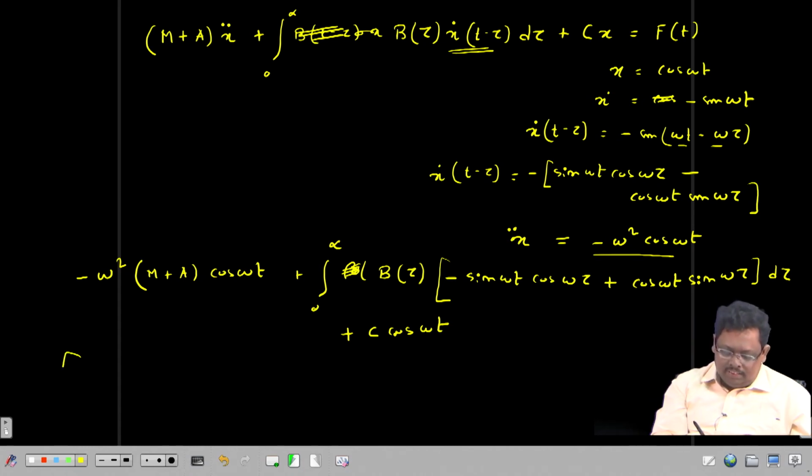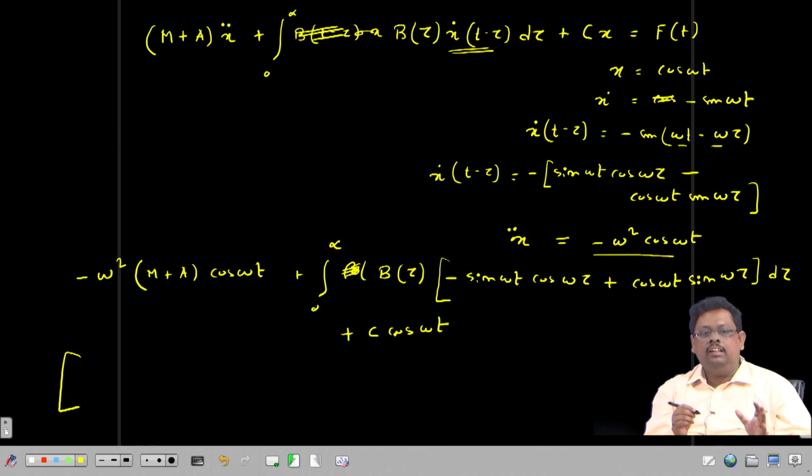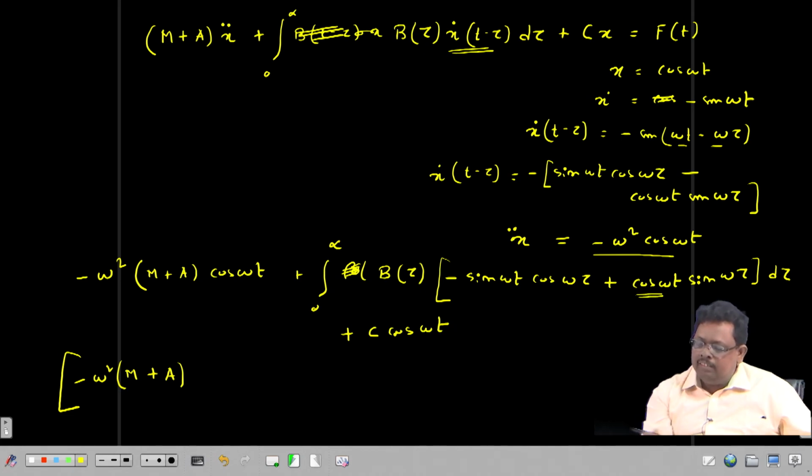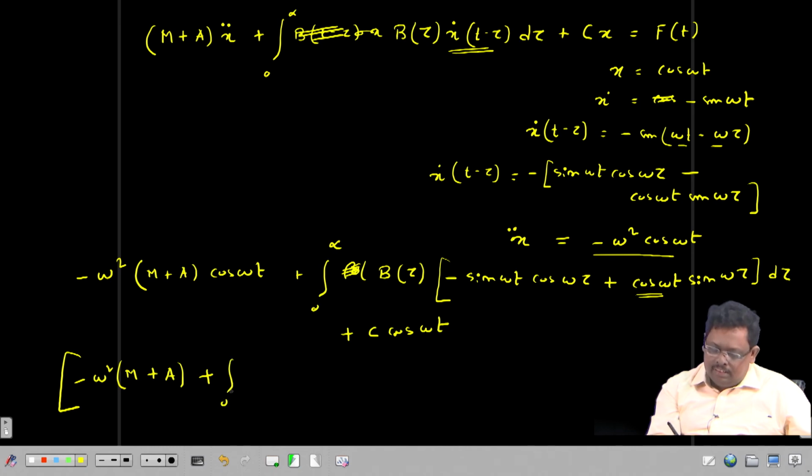So, now if I take what is related to the cos omega t term, here I can get minus omega square into m plus a, and from the second term, this is the term I am having with my cos, so it is plus integral from 0 to infinity b tau into sin omega tau d tau.